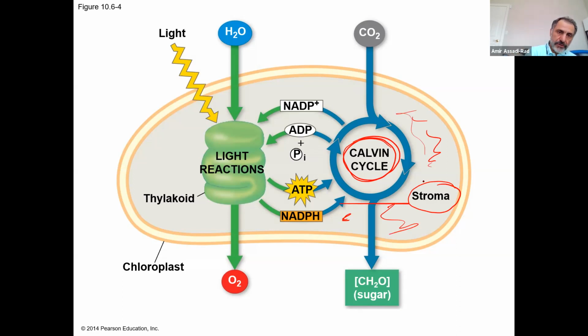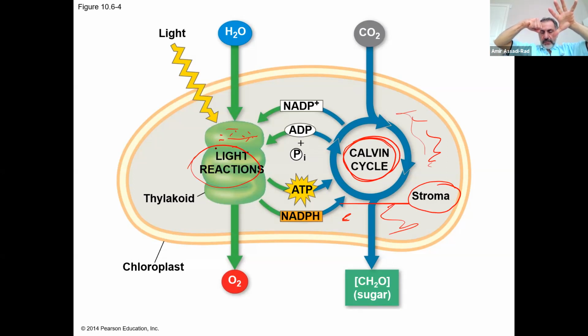And then the light reaction occurs in the thylakoids. All of this happens in the chloroplast. Everything is happening in the chloroplast, but two separate cycles, light and dark.